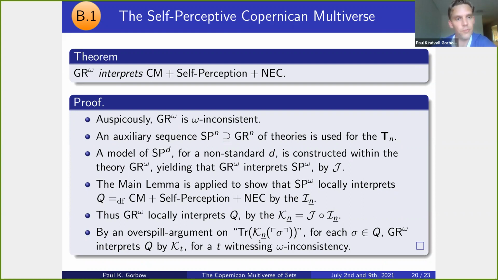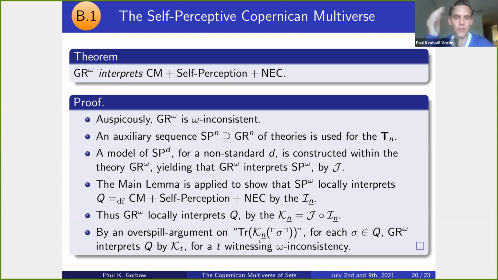The actual proof: we show that GR_omega, omega-iterated global reflection over ZF, interprets CM plus self-perception plus necessitation. But it's a little bit more involved than what I displayed on the previous slide.